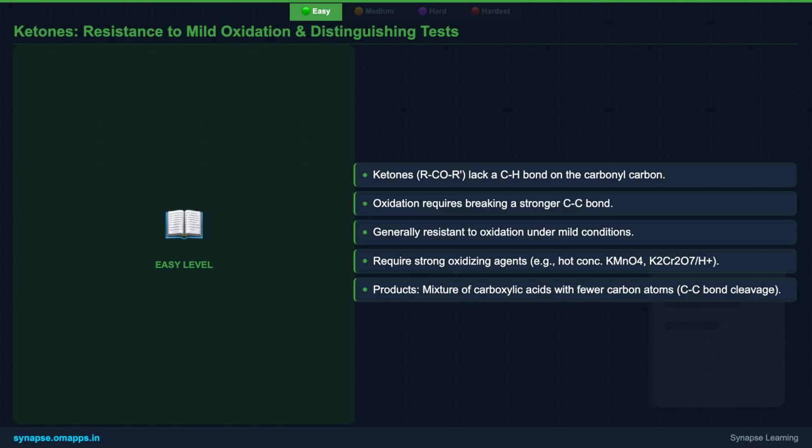To oxidize a ketone, you need far more aggressive conditions, strong oxidizing agents like hot concentrated potassium permanganate or dichromate. These powerful reagents force the molecule to break a carbon-carbon bond, leading to a mixture of smaller carboxylic acids. This difference in reactivity is crucial, not just for understanding reactions, but also for identifying these functional groups.